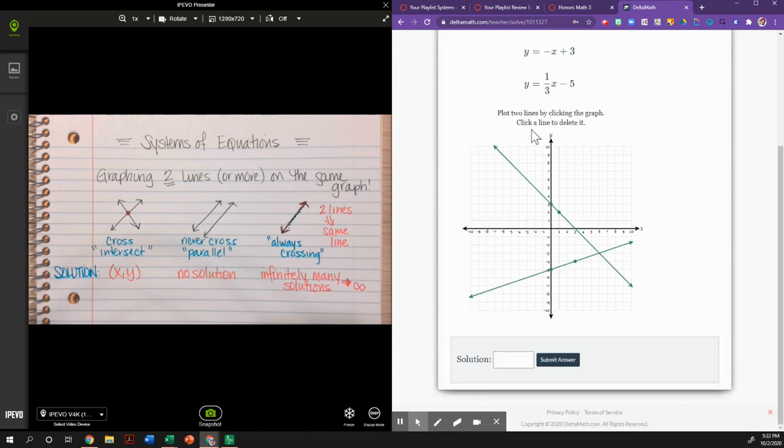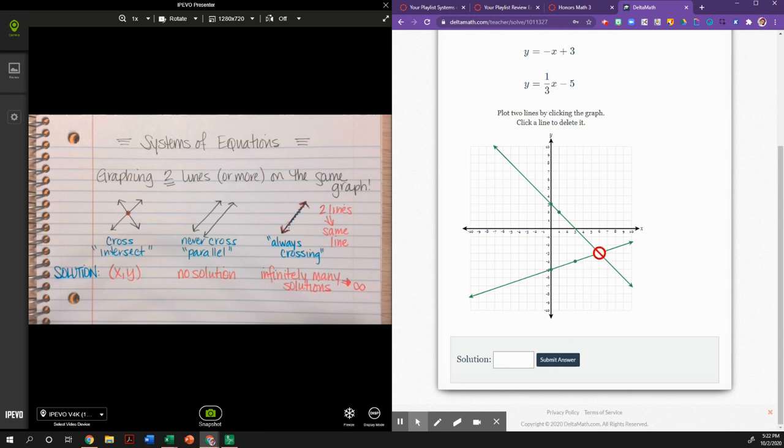If you mess up, it says click a line to delete it, so I just click on the point and you can see that it's gone. Let me redraw it: I click and then go down 1 over 1. You have to have that step in there, and if you get this part wrong, even if you somehow accidentally get the point right, Delta Math is not going to count it correctly.